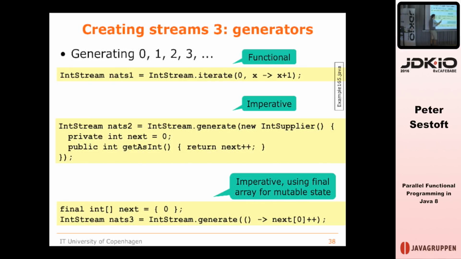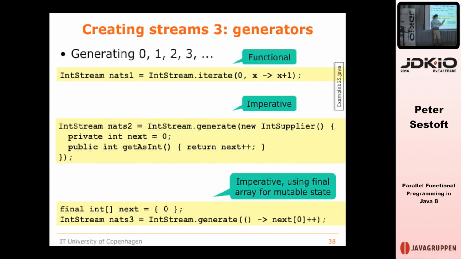But you can do the same thing imperatively by the generate method. The generate method takes as argument an IntSupplier, that's a function from no argument to an integer. It's called getAsInt, and it can have local state like this. So there's a next field inside this anonymous inner class that's created here, and that will actually create the same stream as this one.